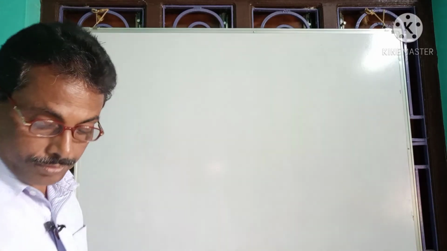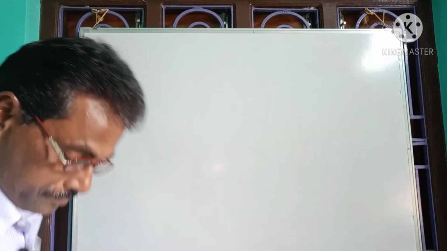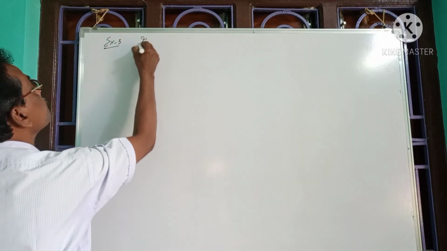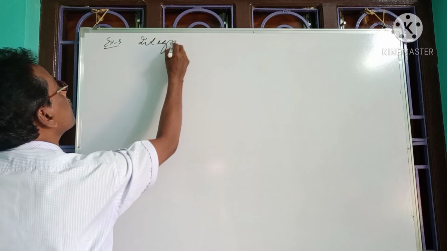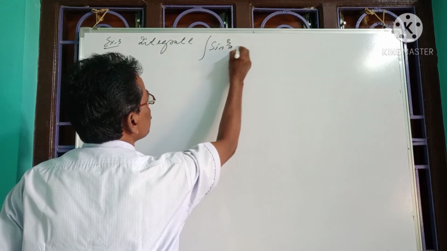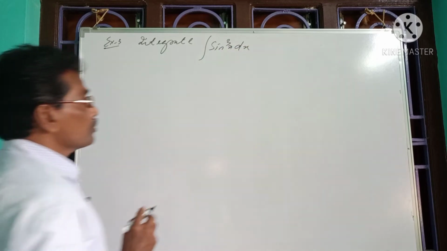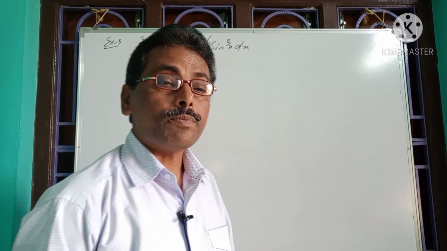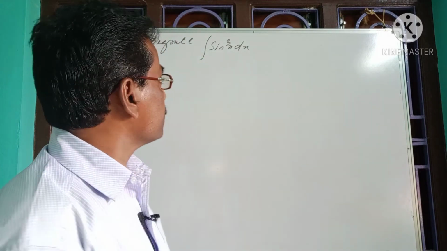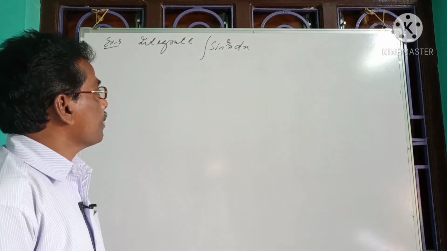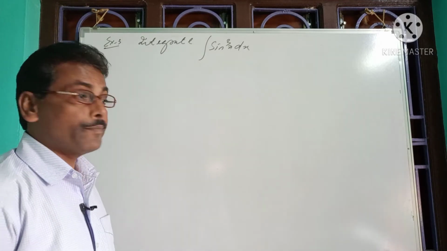So consider the example, that is example 3, integrate sin cube x with respect to x. So sin cube x is not a standard function for integration, so we have to transform it into a sum of sine functions by using the formula, that is sin 3a.